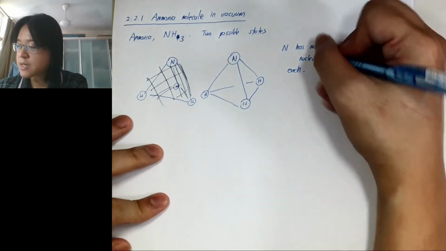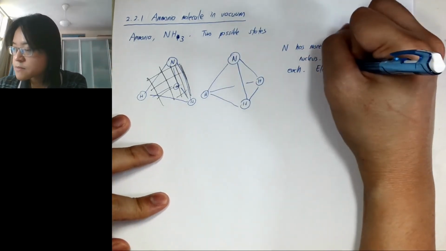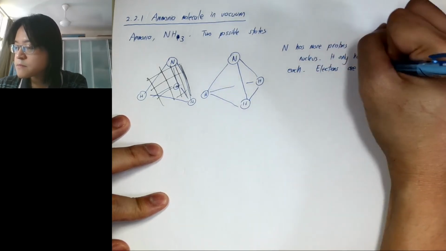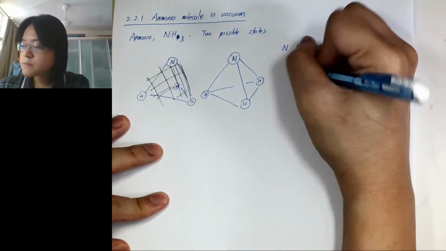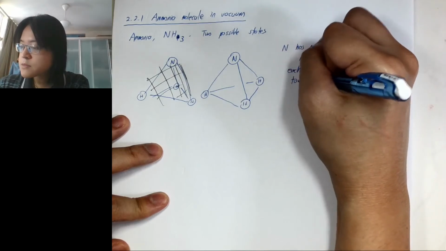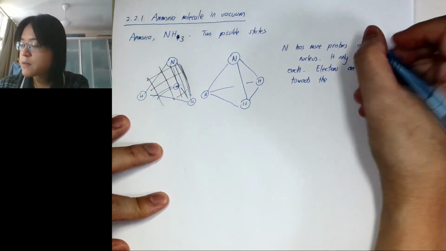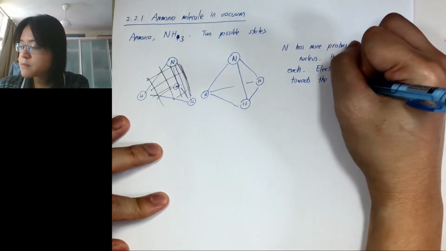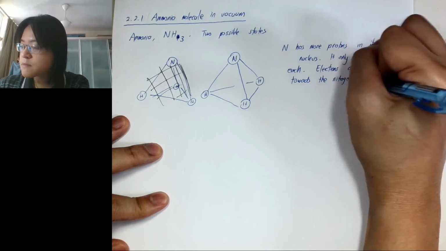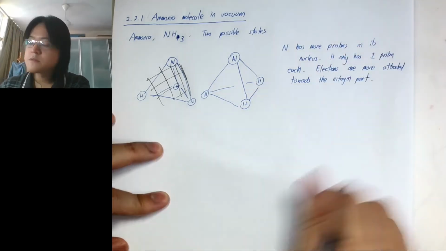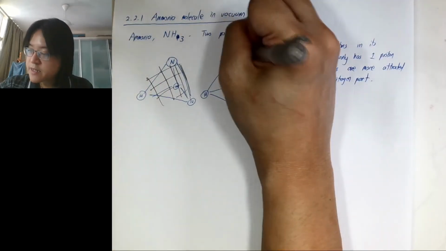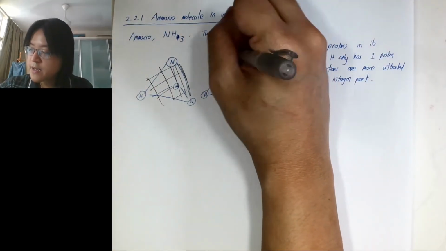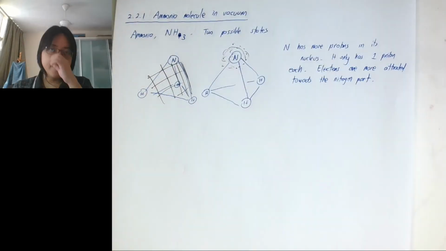So electrons are more concentrated near the nitrogen part of the molecule.